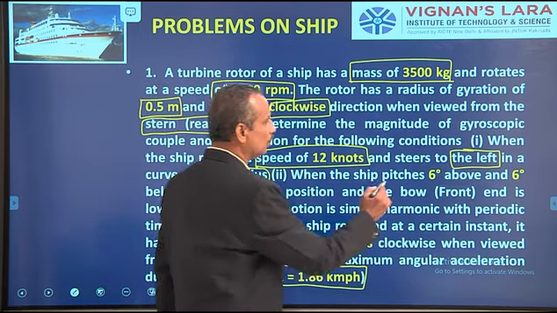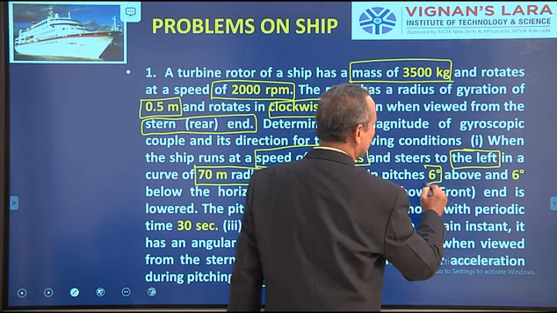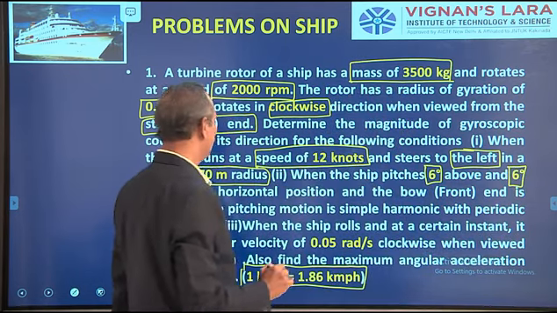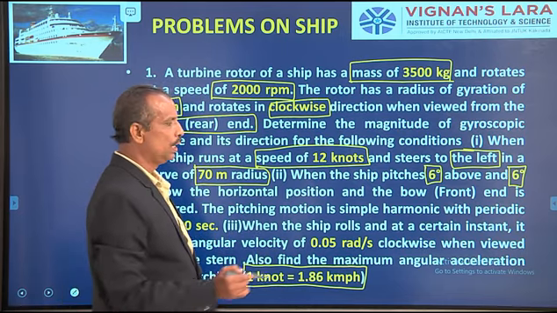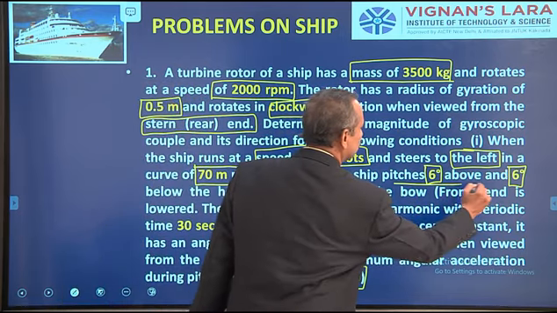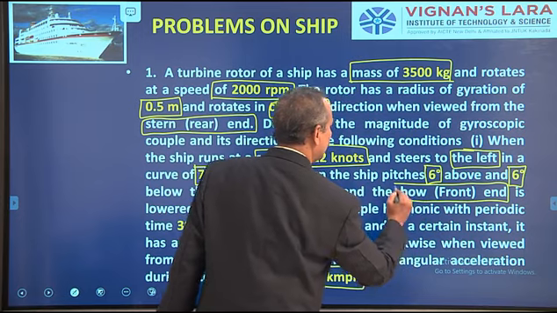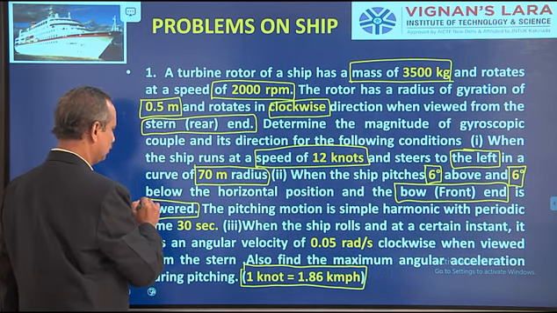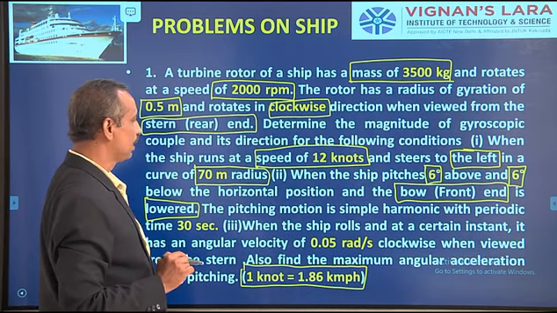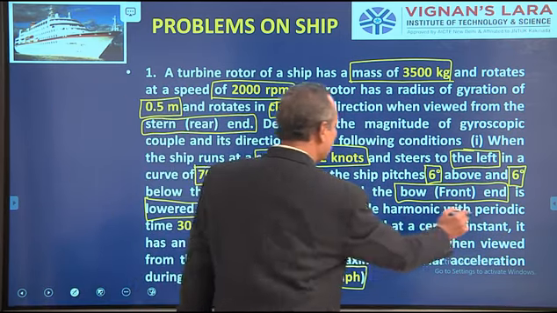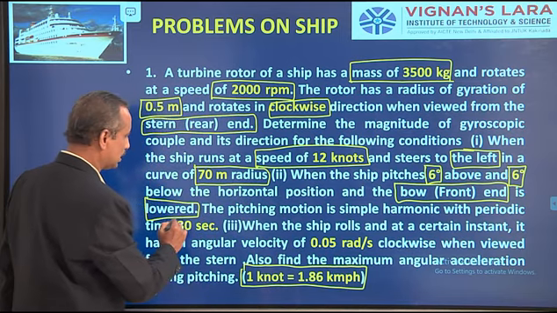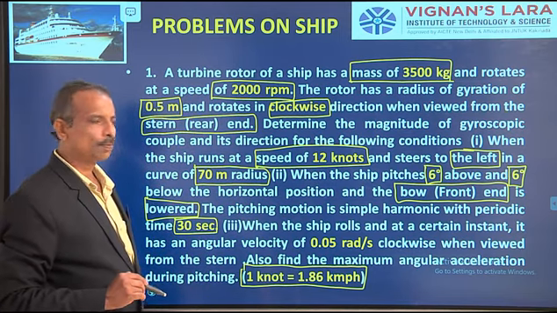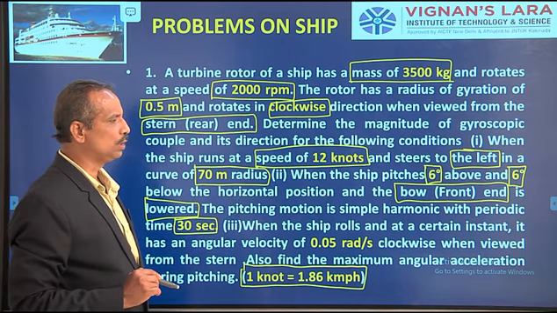Then part 2, pitching 6 degrees above and 6 degrees below from the horizontal position, and the bow, that is the front end, is lowered. Front end is lowered. Then the periodic time of this motion is 30 seconds. This is the part 2 data.